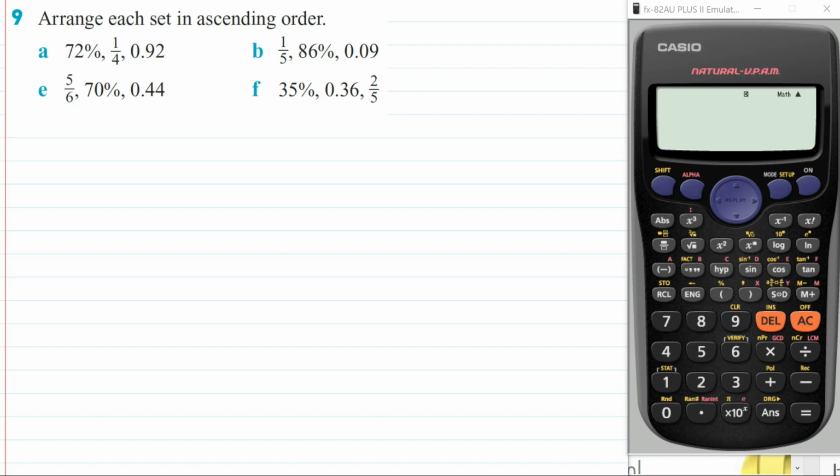It's not easy to compare their relative sizes. So as a routine, we always try to convert the numbers into the same form. The easiest way to do that is to convert everything into a decimal. You might choose percentage, but I think personally it is easier from a calculation point of view to just move everything into a decimal. Let's have a look at part E.